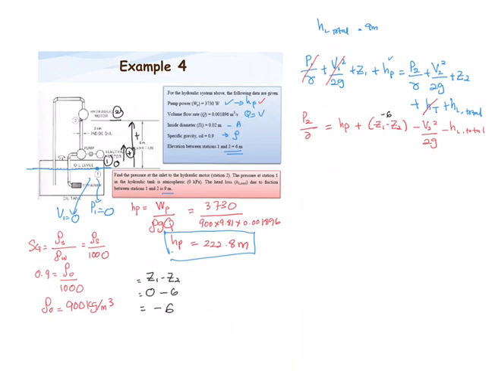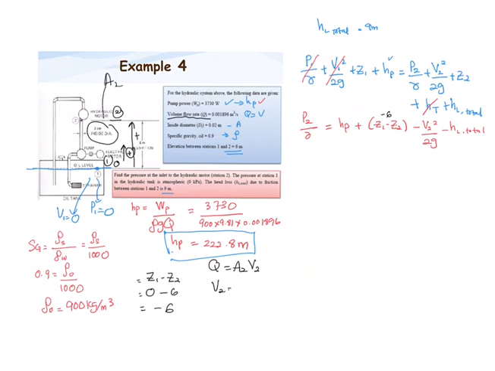So what else? Oh, we don't have the velocity V2. The velocity V2 comes from the volume flow rate, which is given. We can get V2 using the continuity equation, Q equals A2 V2. We have the inside diameter here, so we can get the area 2.